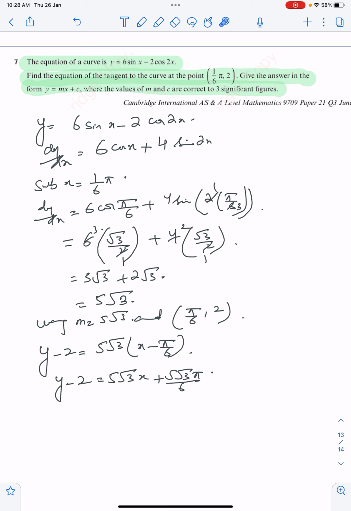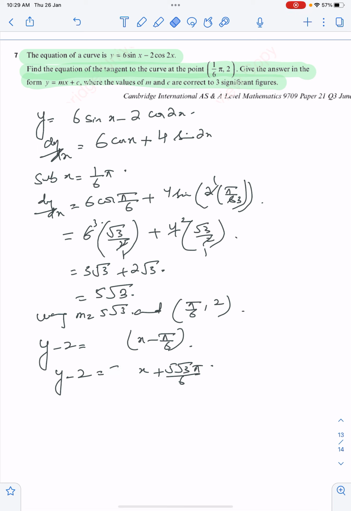I can take the value with the calculator. 5 root 3 is 8.66, so I can take this as 8.66. 8.66x minus 8.66 multiplied by pi by 6, which is 4.53. So y equals 8.66x minus 4.53 plus 2.